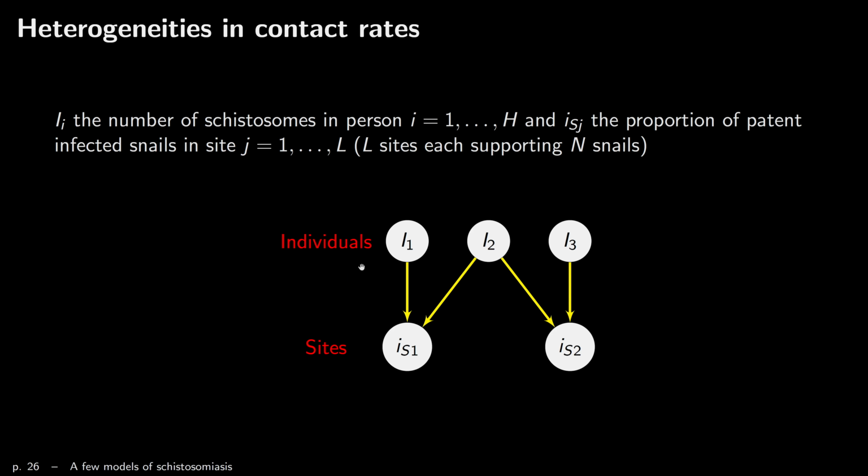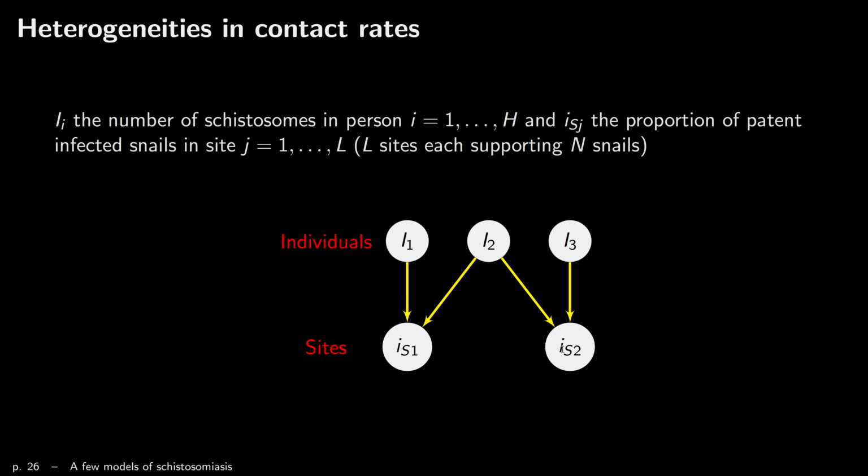And then there's a certain number of sites, L of them. For simplicity, he assumes that all the sites have the same number of snails. Okay, so each site has n snails. Then here I have 2 sites, and IS1 and IS2 is the mean number, the proportion of infected snails in site 1 and site 2.